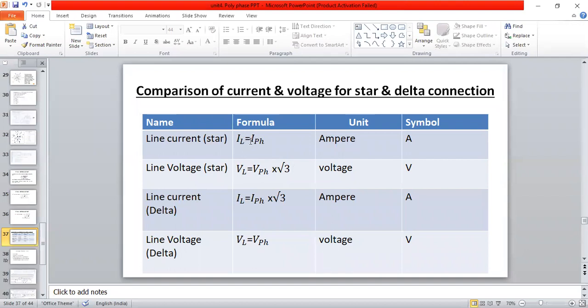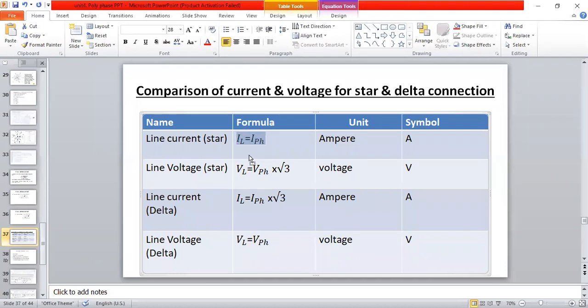Some of you may get confused here. L indicates line.